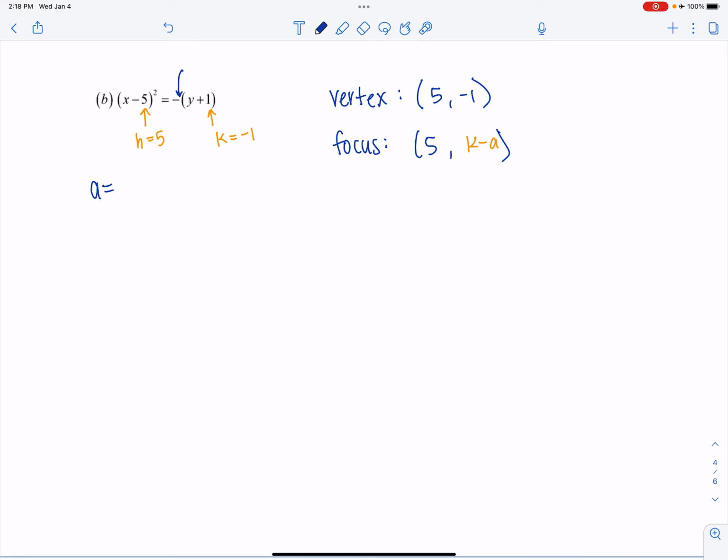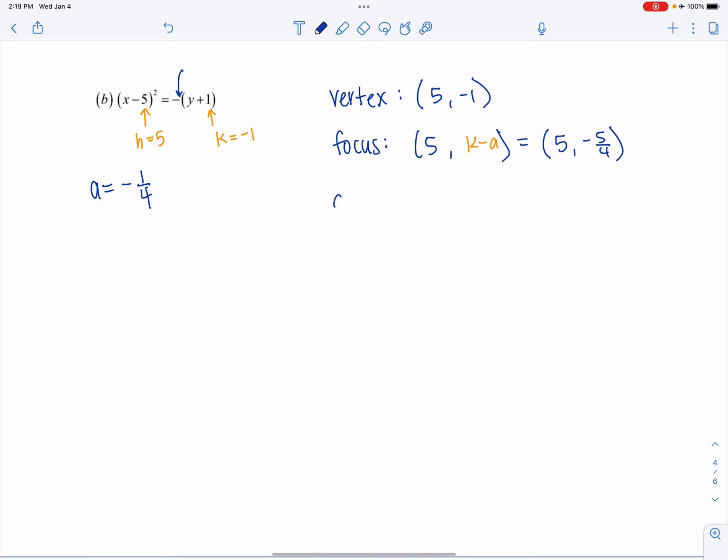Usually we have 4, right? And we don't see that there, so we know that it had to be divided by 4. There's also a negative, which tells me it's a -1/4, because the 4 is a -1 now. So, knowing that, our focus is at (5, -5/4), because that would be k minus a.